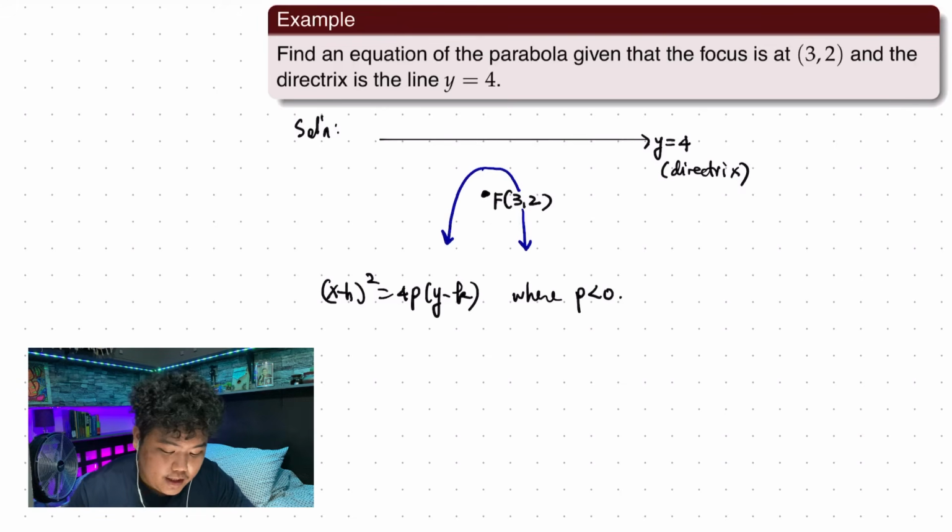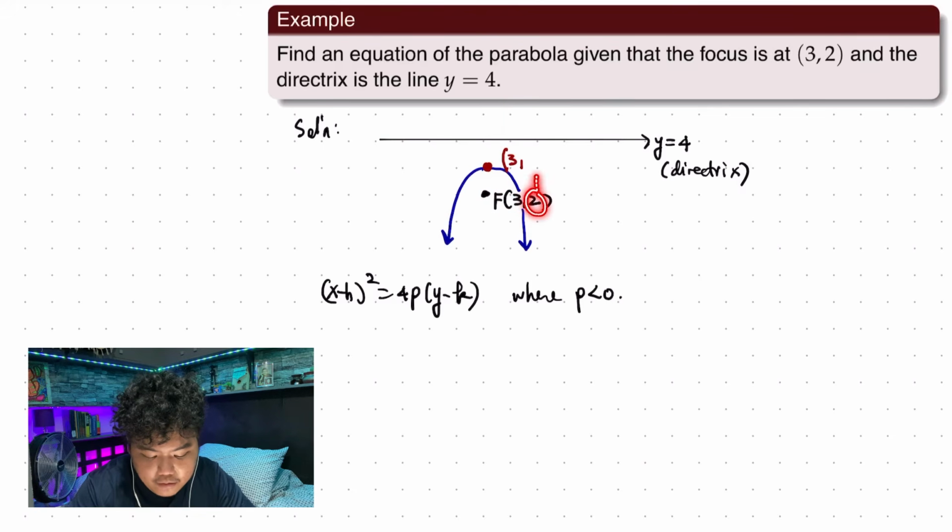So, ang h, k, which is the vertex, nasa gitna nitong line segment na to, nung focus to directrix. Pero anong distansya nitong dalawa? That is 2 units. So, 1 unit dapat ito. So, magiging vertex natin ay, the x-coordinate is 3 pa rin, pareha nito, ang gagalaw yung y.